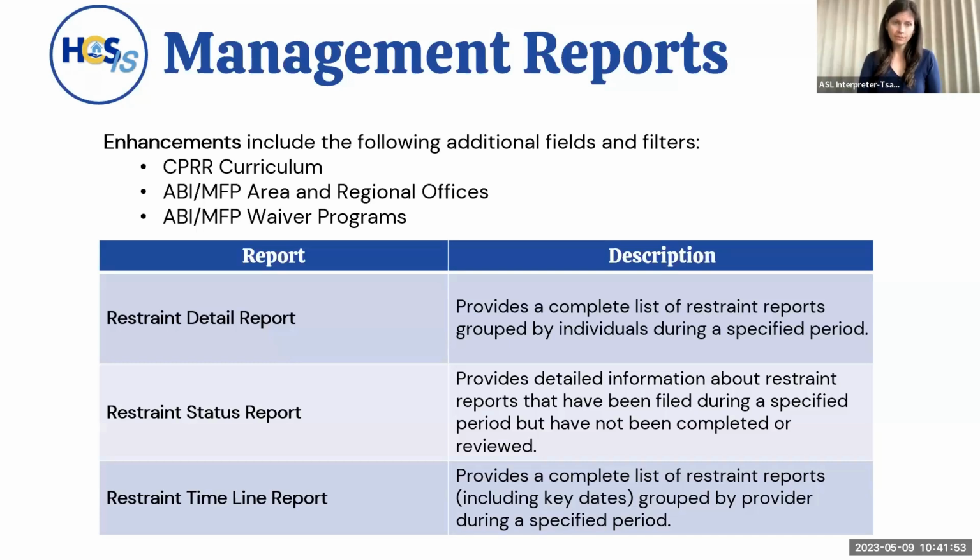The restraint detail report will receive a new system prompt, a new search filter, and a report column to accommodate this change. The restraint status report will receive new filter drop-down choices to include ABI-MFP populations.